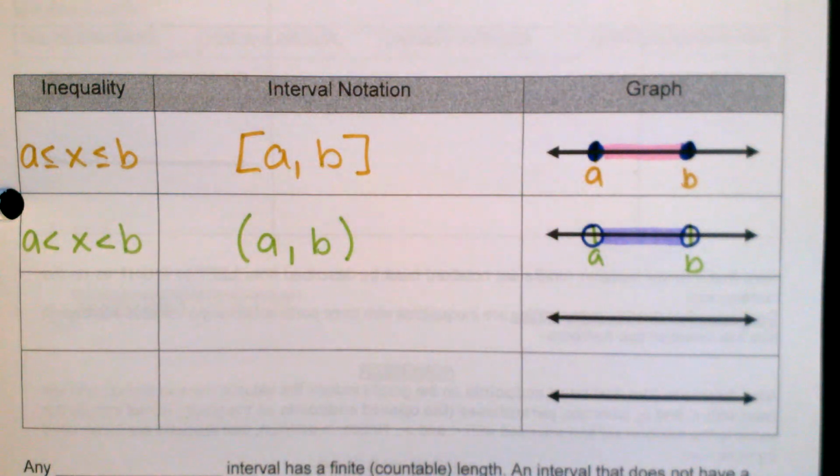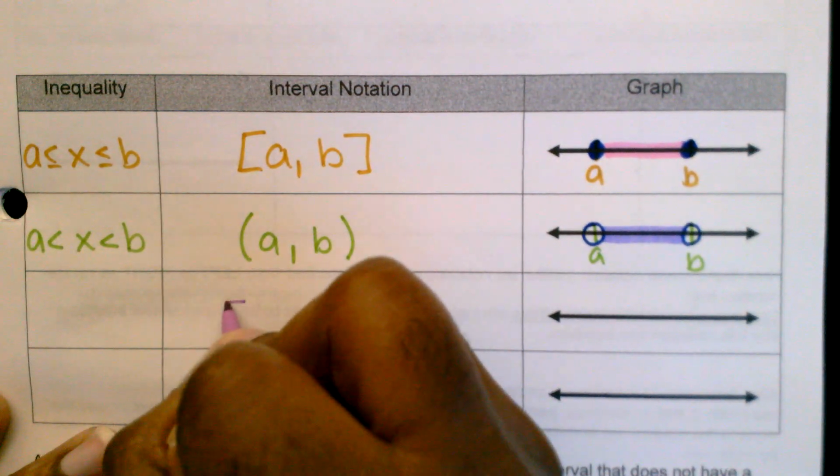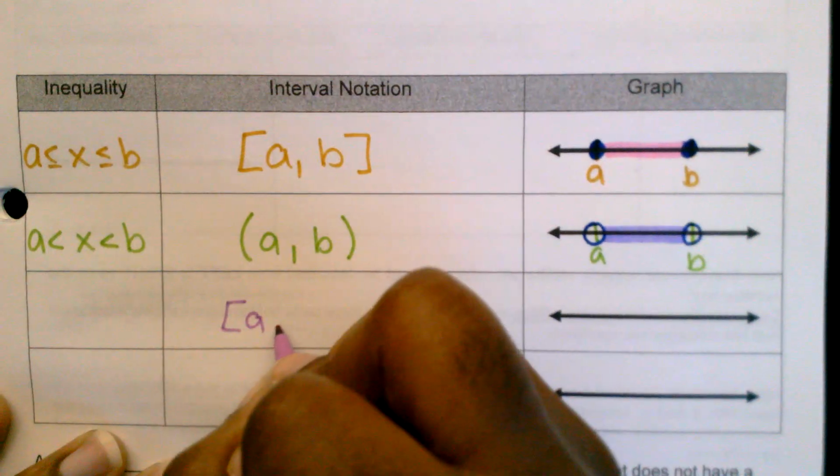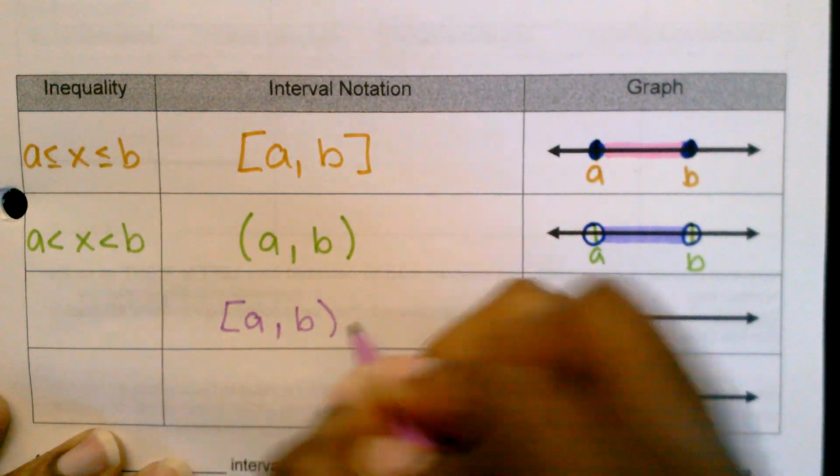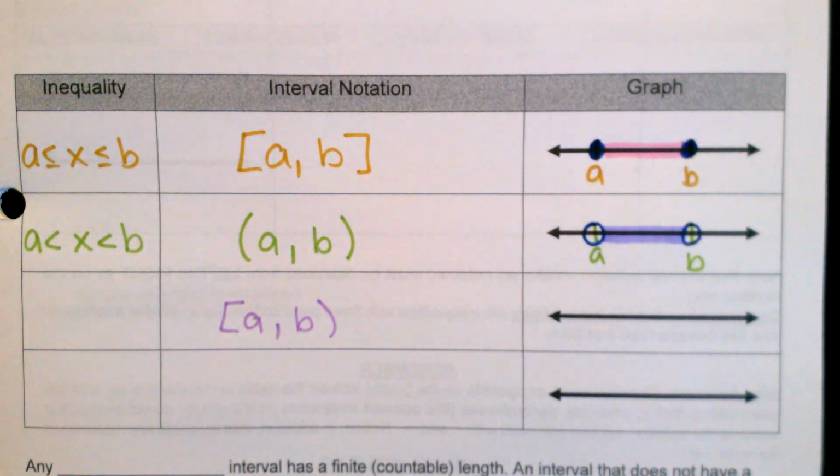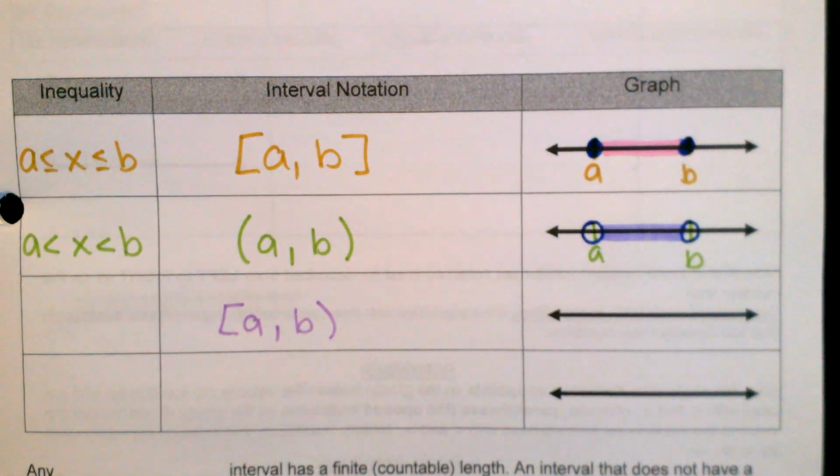All right. Another interval. We have an open bracket, A, comma, B, and then a closed parenthesis. So what would my inequality look like if I have two separate groupings?